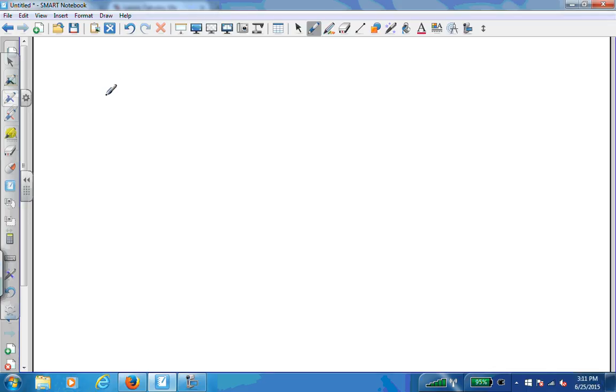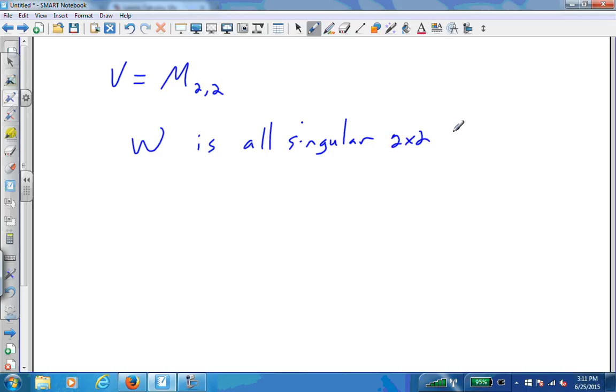Let's say V is the set of all 2 by 2 matrices. And let's show that W is all singular 2 by 2 matrices.